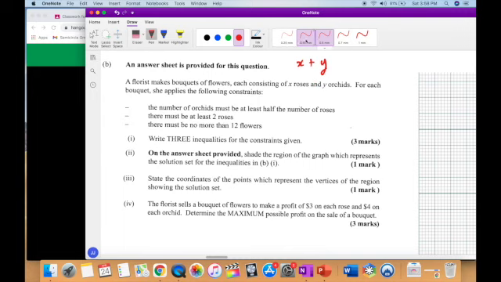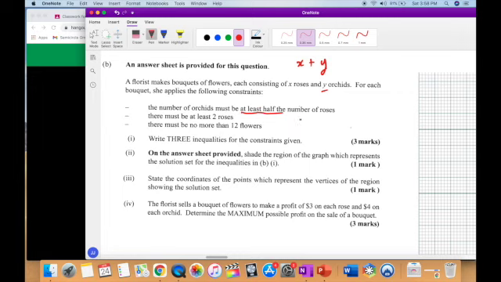I'm just thinking out loud here. For each bouquet, she applies the following constraints. The number of orchids, which is Y, must be at least half the number of roses, X.